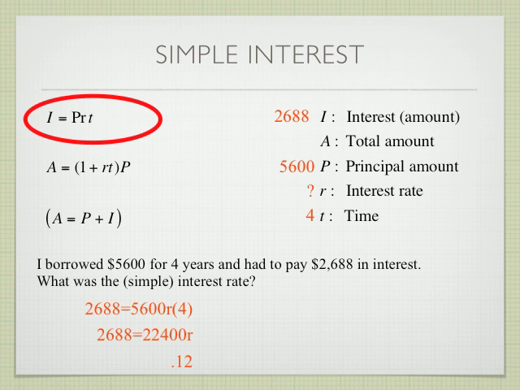Is that my answer? Look, I was looking for a percentage, so my interest rate was 12%. This one I had to change because I was looking for a percent. Neither of the others changed because I was only looking for a dollar amount, and dollars don't change, but the percentage will change. Since I was looking for the percent, I had to change my answer.